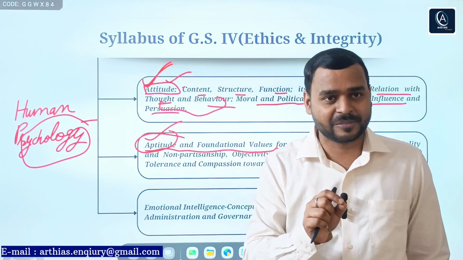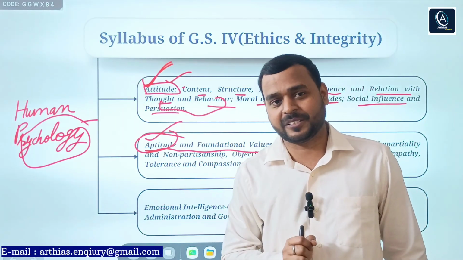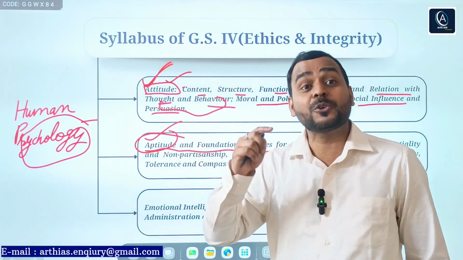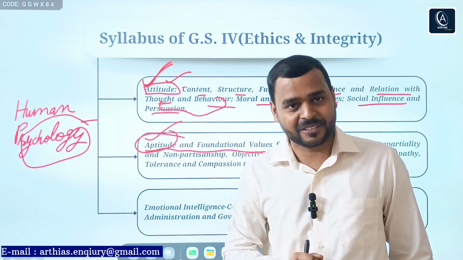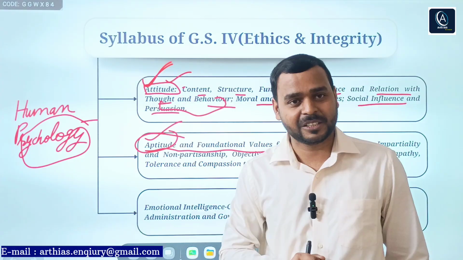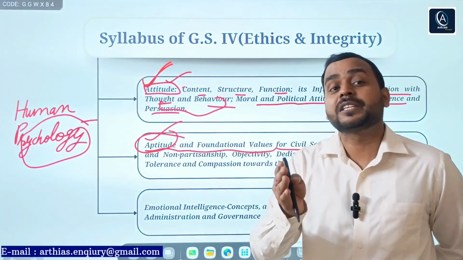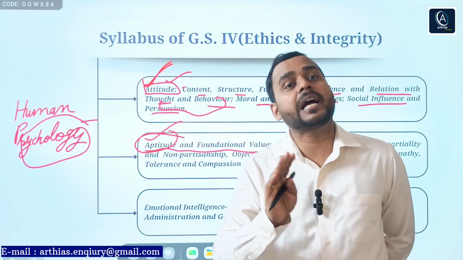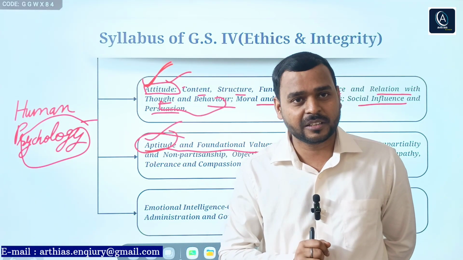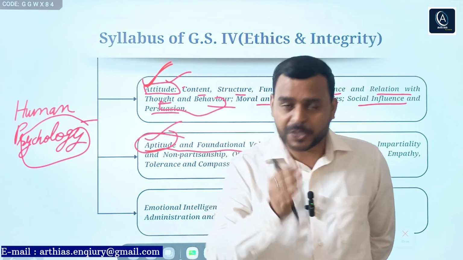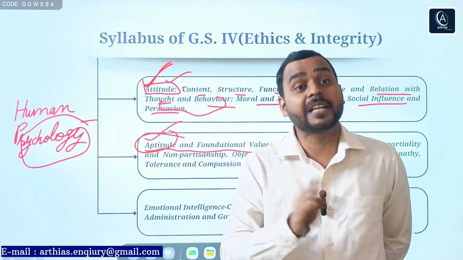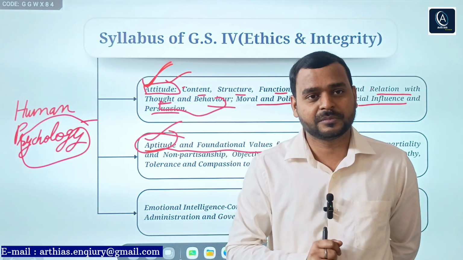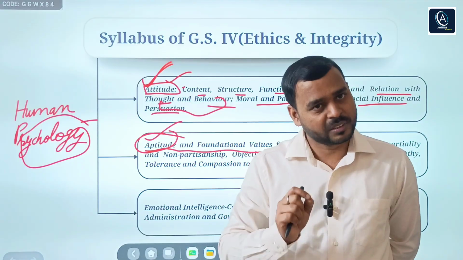For example, in CSAT, your aptitude is tested, but in the ethics paper, your thought, your behavior is tested. Some students already have aptitude for CSAT, but we all have attitude, in a positive manner or negative manner.